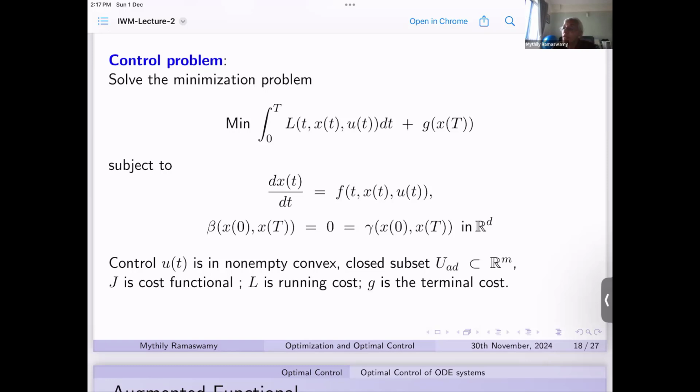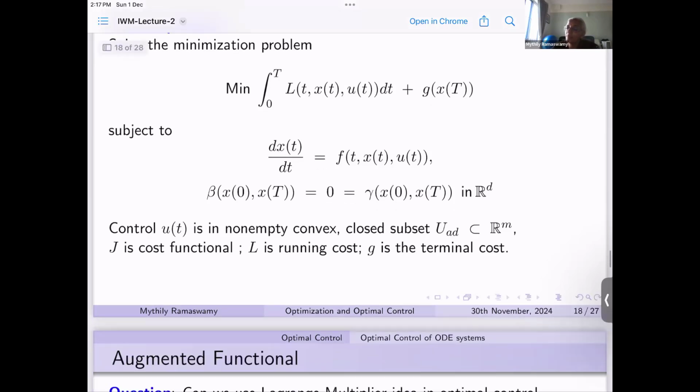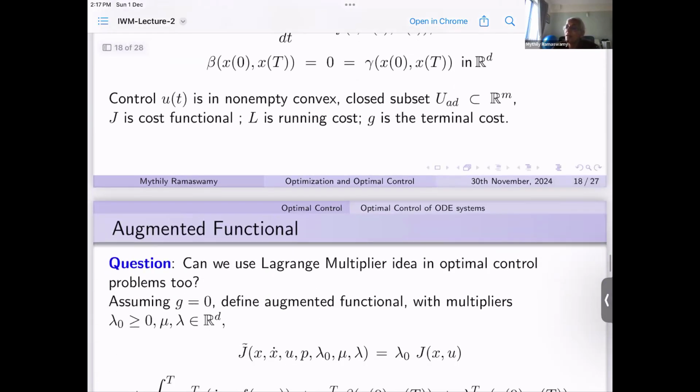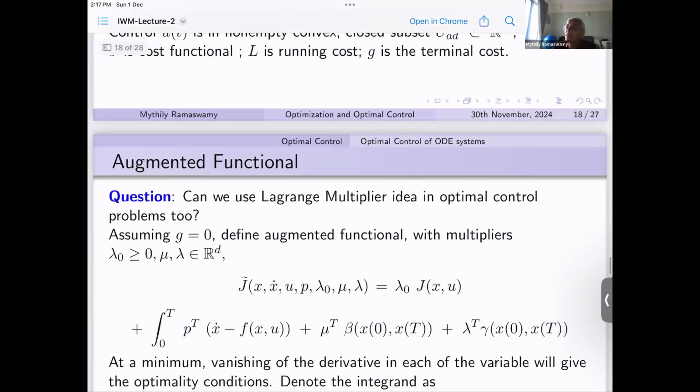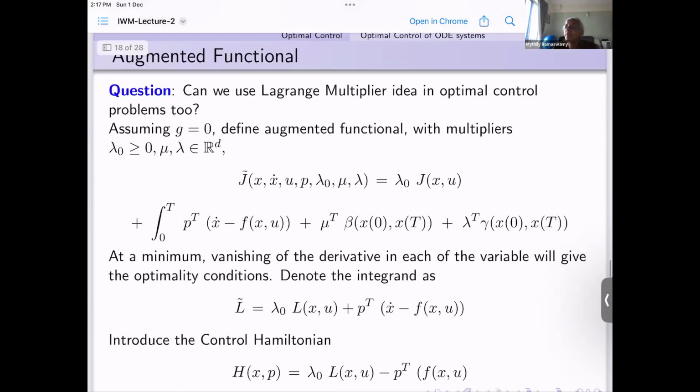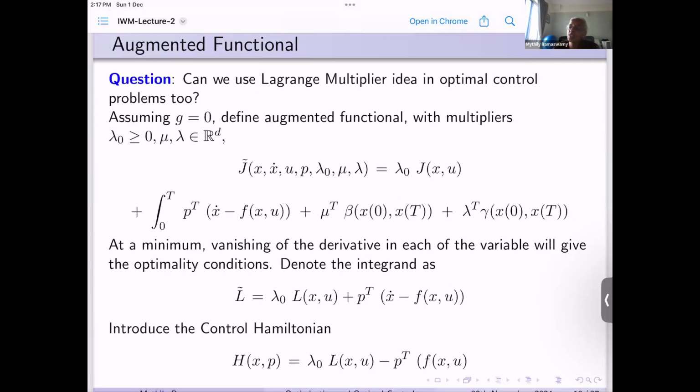And if the equation is posed in Rn, I'll choose a Lagrange multiplier from Rn. So that is what P is. Here P is also known as the adjoint vector or co-state vector, or you can view it as a Lagrange multiplier corresponding to the differential equation x dot minus f equal to 0, which we are treating as a constraint.